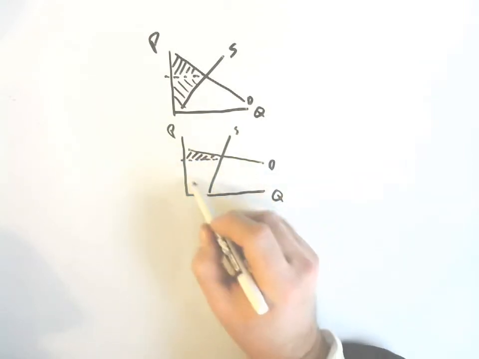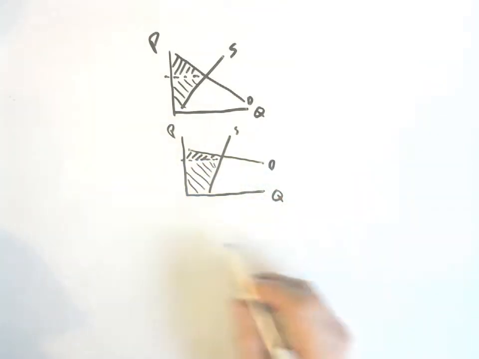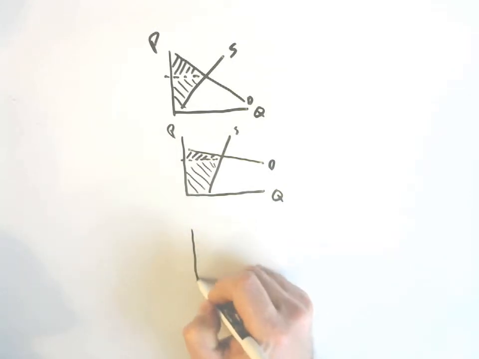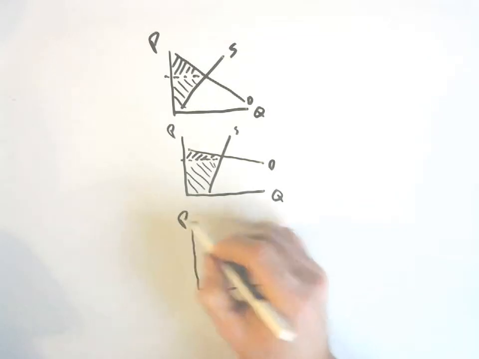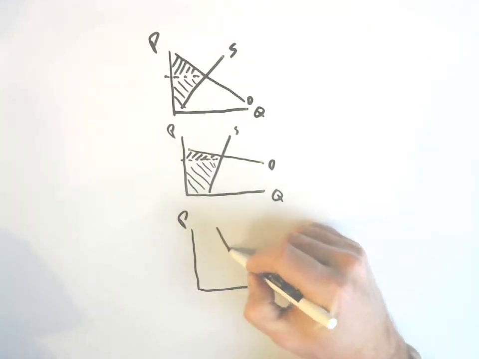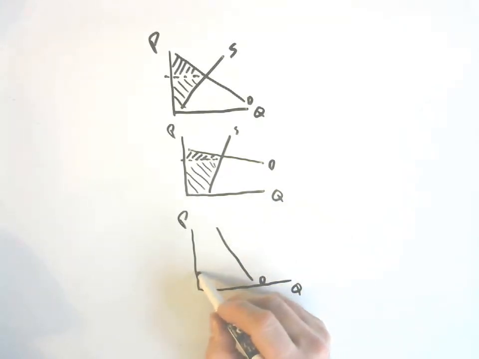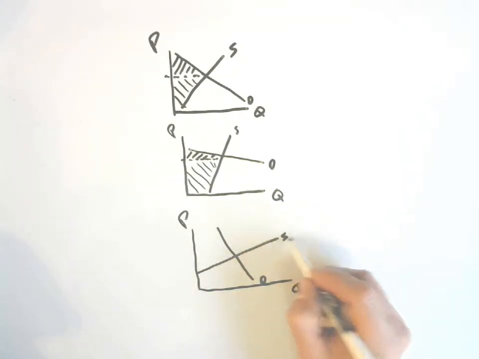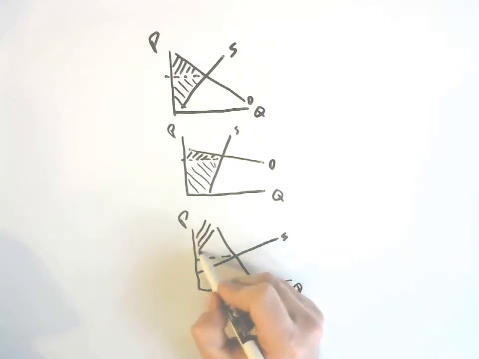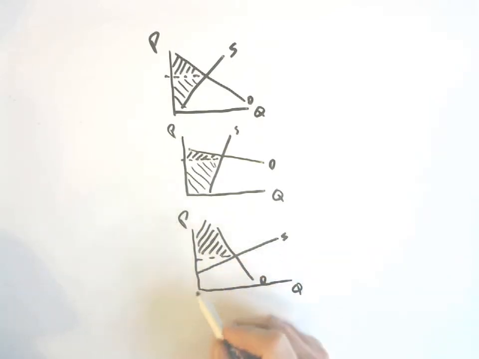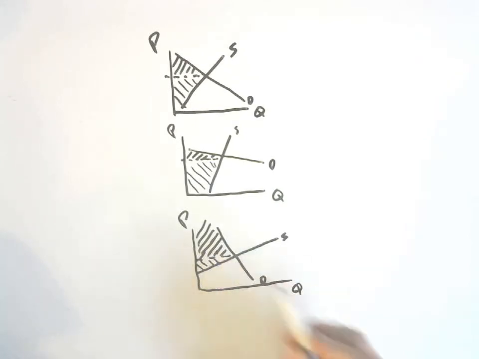That's consumer surplus, that's producer surplus. And down here we've got a relatively steep, or as we said before, inelastic demand curve, and the supply curve is relatively flat, and so consumer surplus is this area here, and producer surplus is that area there.